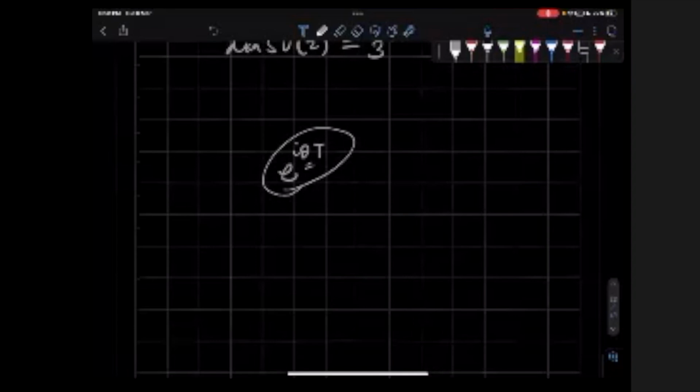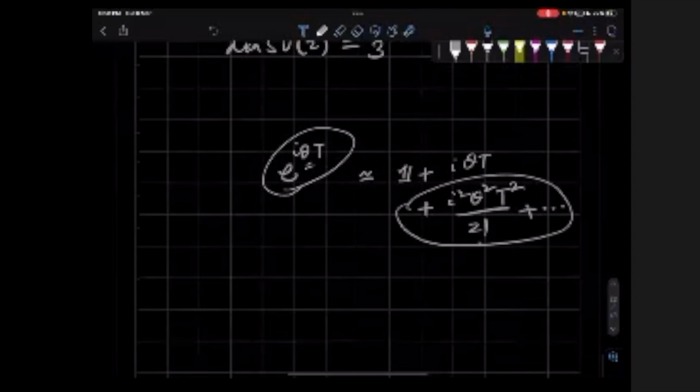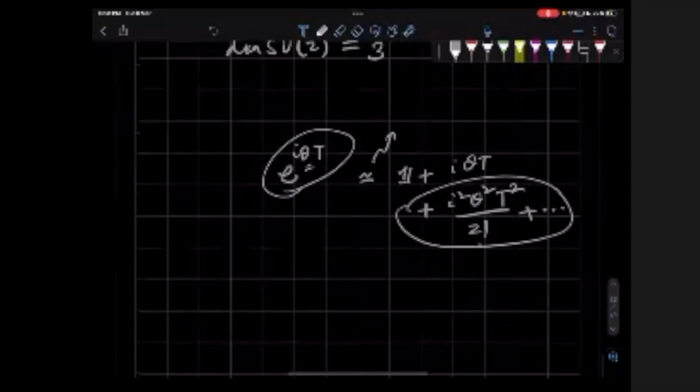But for a very small transformation, when theta is small, we can expand it as a power series, right? And that's the leading term. And then there are going to be higher order terms, right? But if theta is small, we can ignore all these higher order terms. So this is an infinitesimal expansion, if theta is infinitesimal.